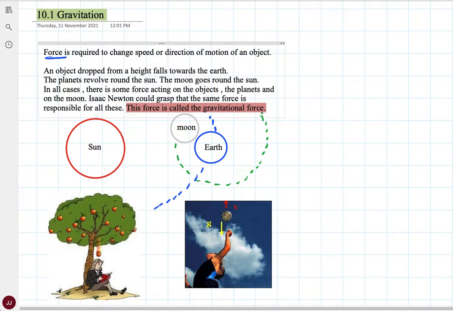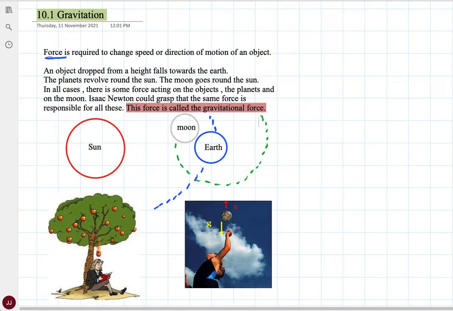He said that it is the same kind of force; the nature of the force is the same in all these things, and he called it the gravitational force. So the force between the planetary objects, and the force that acts upon an object and attracts it towards the earth, is called the gravitational force.